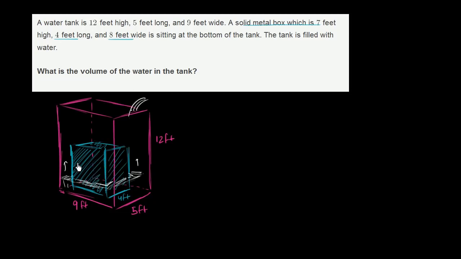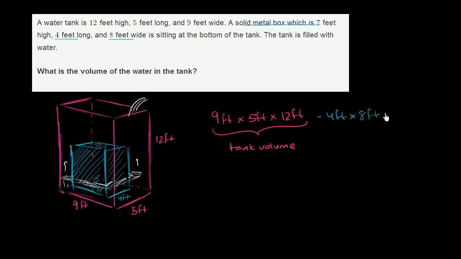So let's figure out what that is. The volume of the tank is going to be 9 feet by 5 feet times 12 feet. That's the tank volume. And from that, we want to subtract the metal box volume. So minus 4 feet by 8 feet by 7 feet.